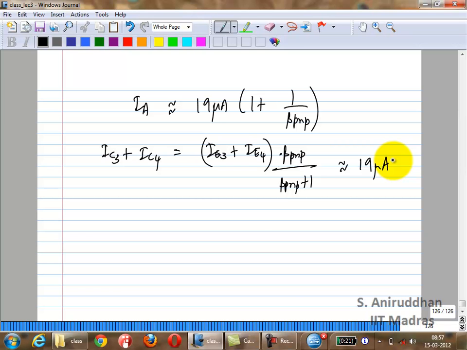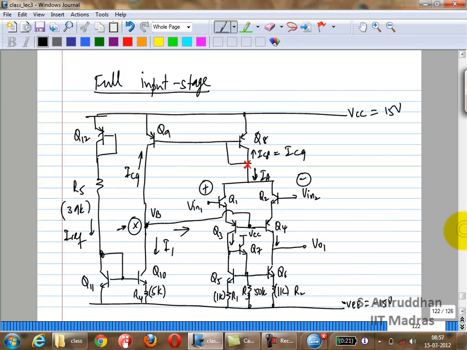Okay. So fundamentally what is the reason for this? Because you have this common mode feedback here. That's why you are able to write KCL and equate the currents and so on. So what this common mode feedback does, you have an input current of 19 microamps. It makes sure that the bias currents here, IC3 plus IC4, is also fixed at 19 microamps. Okay.